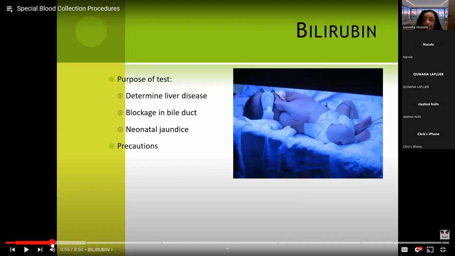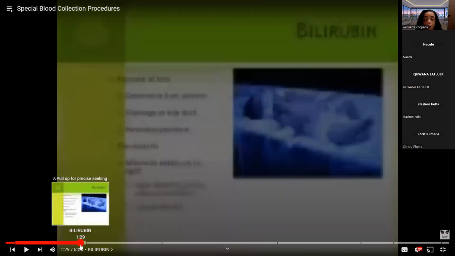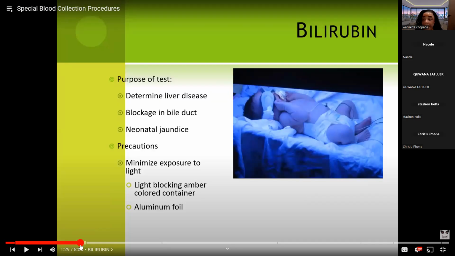But what is so crazy is that if you're going to draw a bilirubin level on anyone, a child or adult, you see where it says minimize exposure to light, right? As a baby, they're put under the light to correct it because it penetrates through their skin.